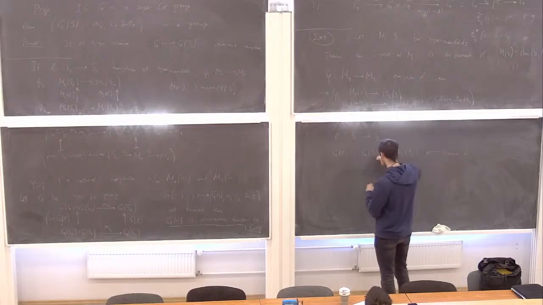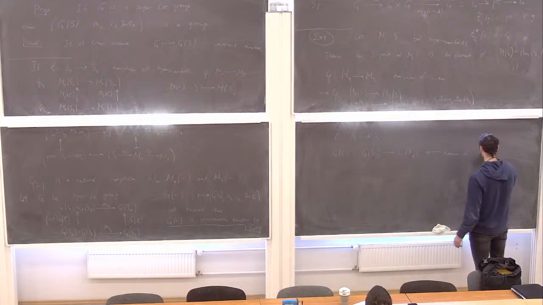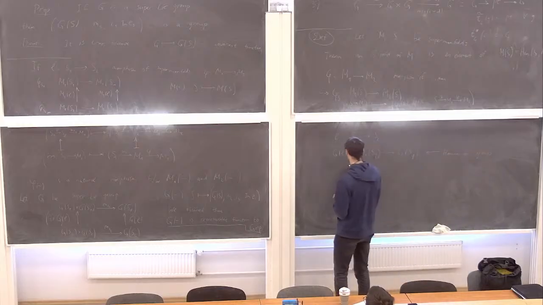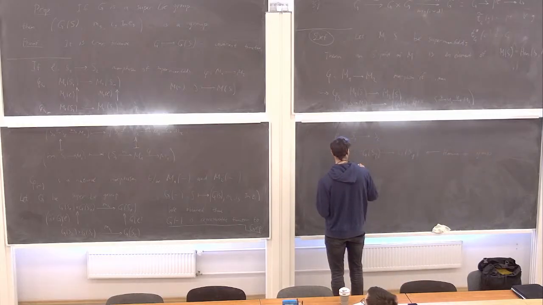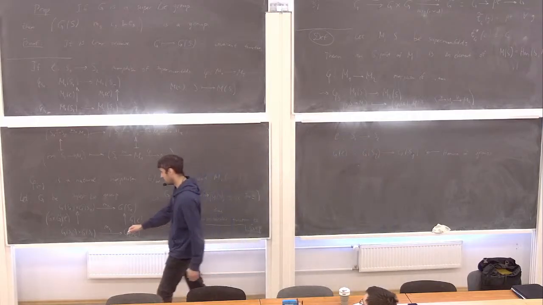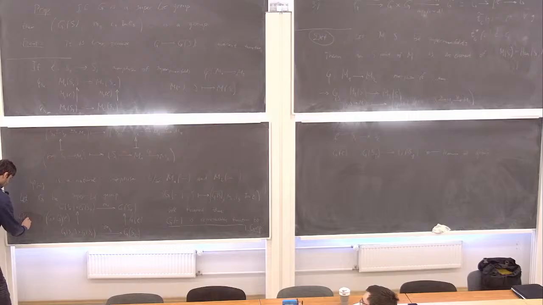Yes, it is contravariant. So I need to check that this is homomorphism of groups. Right? It means that, well, G of L, well, that's exactly what is going on here, except that I need to see that this is G of L times G of L, right? Then it's homomorphism of group.